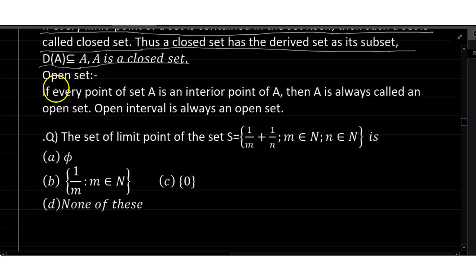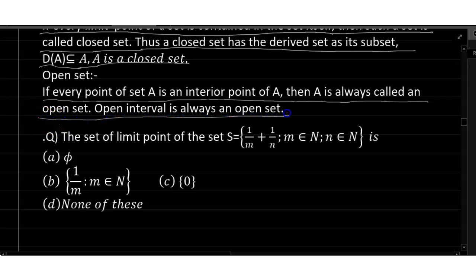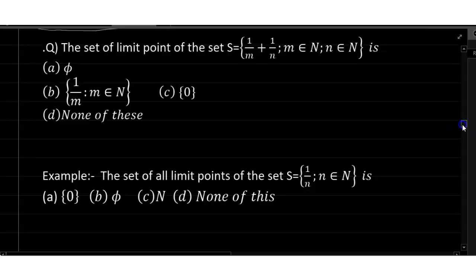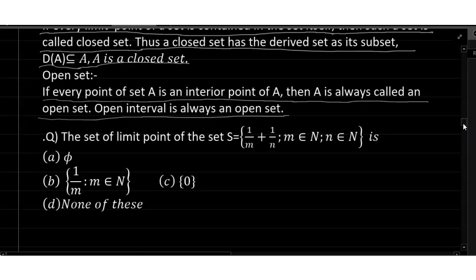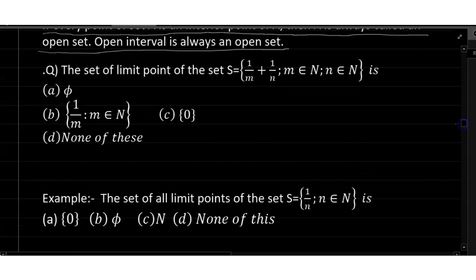Open set: if every point of set A is an interior point of A, then A is called an open set. An open interval is always an open set.